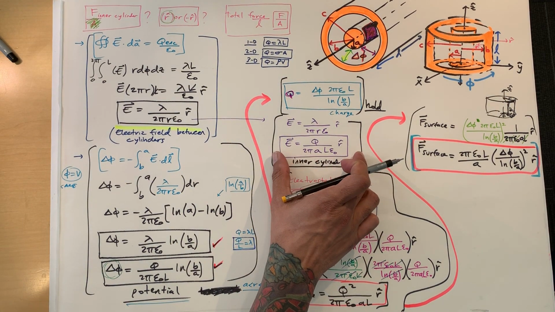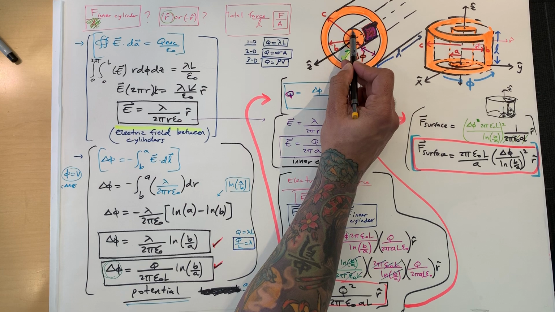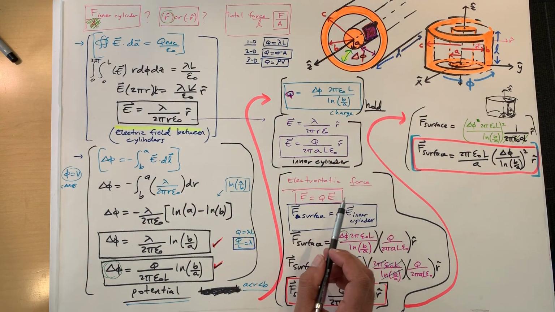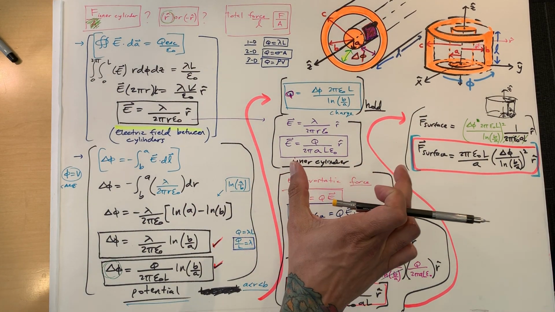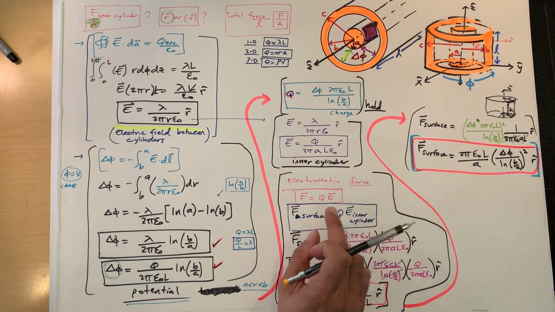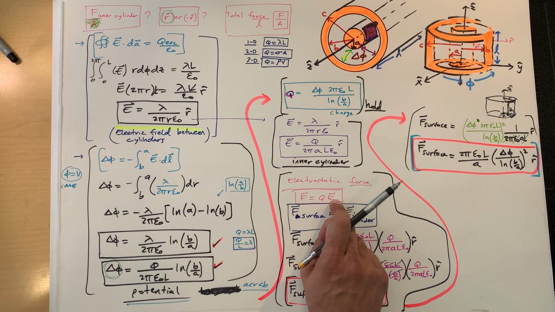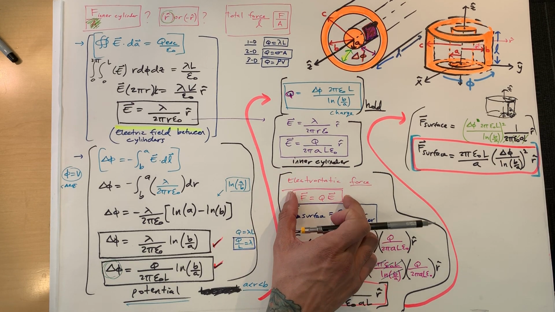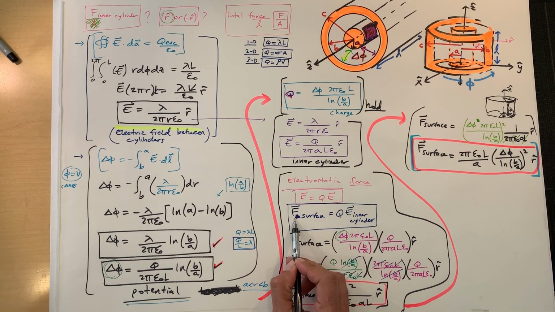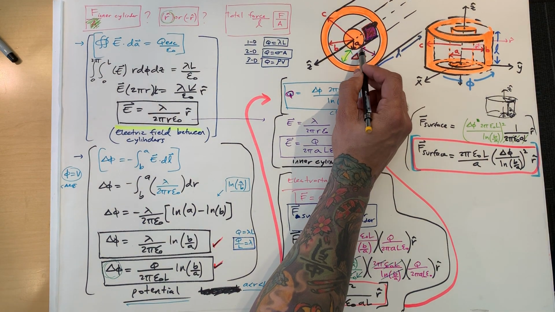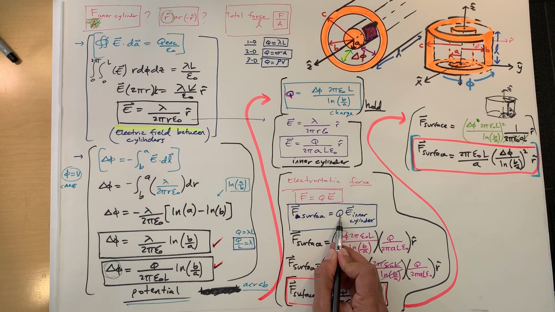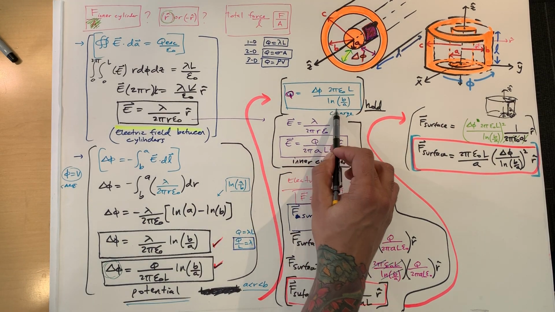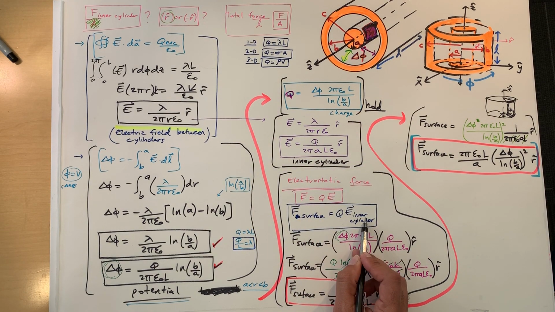So now we have the electric field of the inner cylinder, so we know what's going on in here. And knowing that, now we can use the electrostatic force. We got F is equal to QE. To be more specific, the force on the surface of this inner cylinder is going to be equal to the charge times the electric field in the inner cylinder.